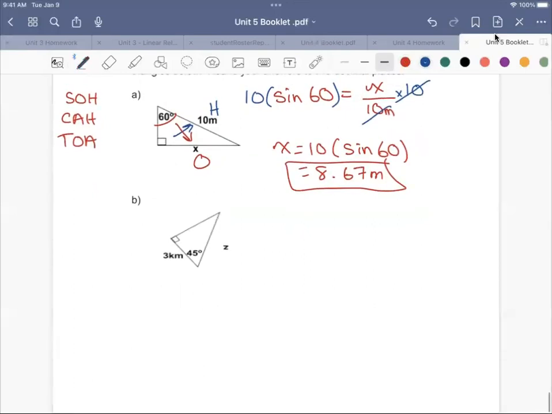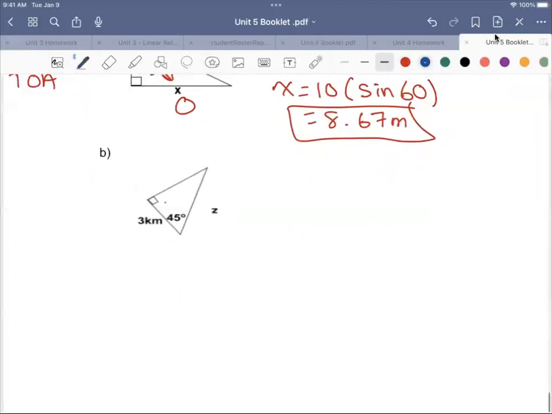If I take a look at this example down here, again, always label first. Opposite of my right angle is my hypotenuse. I have the angle of 45, and the side that I'm looking at is the one that is adjacent to it.